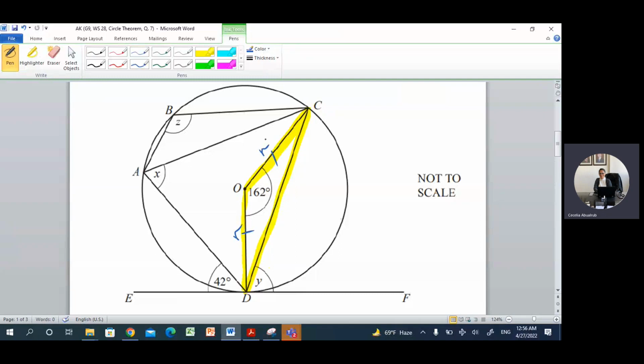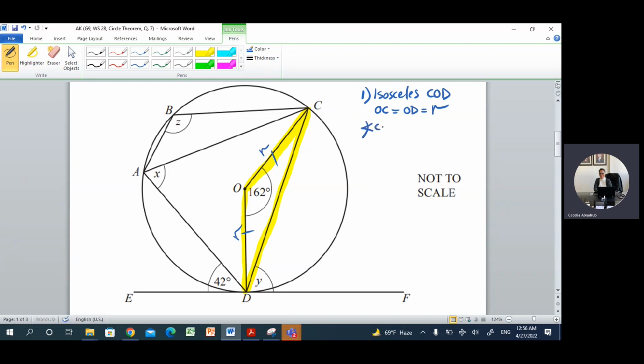So accordingly, I will say step number 1, isosceles COD, where OC is equal to OD, because they both represent the radius of this circle.